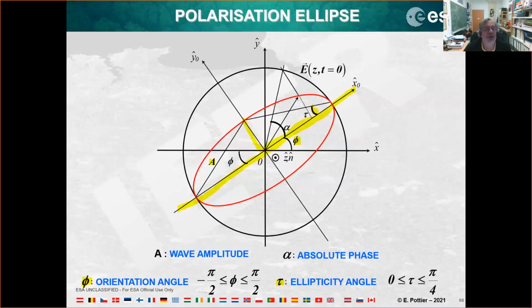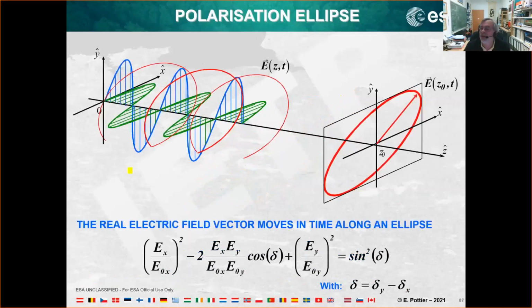Which one is the plane? Isn't it Z? Okay, so I come back. At the output of the antenna, I describe with my two axes, X and Y. And Z is the propagation axis.